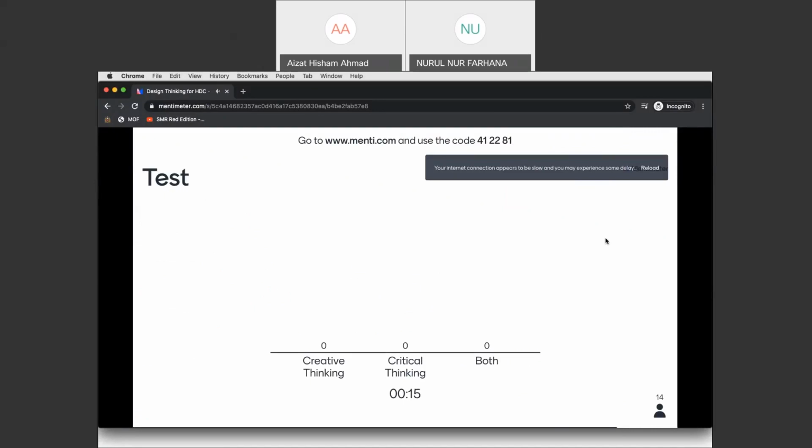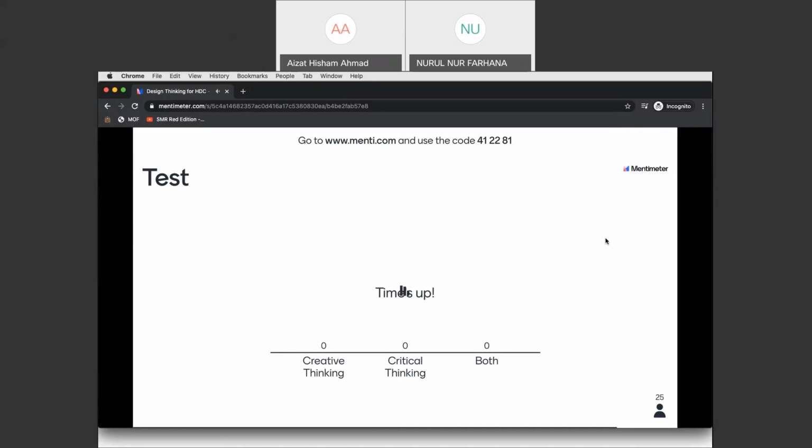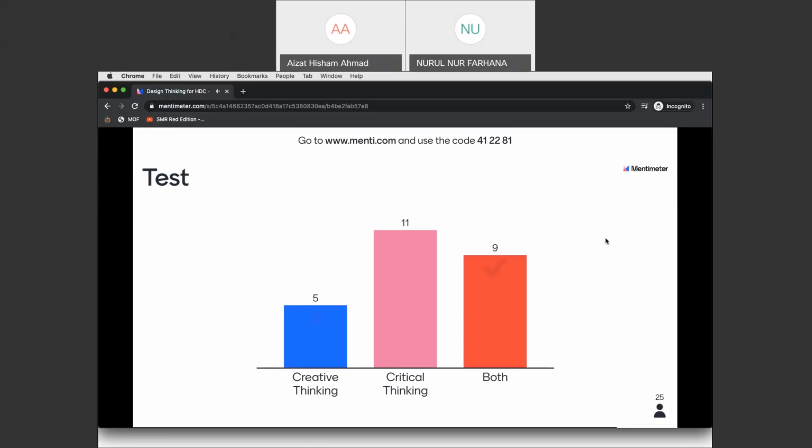Okay, so test. This is important. Why I still want to highlight this is because this is slightly different. Okay, 20 participants. There are some answers. The answer to test is both.